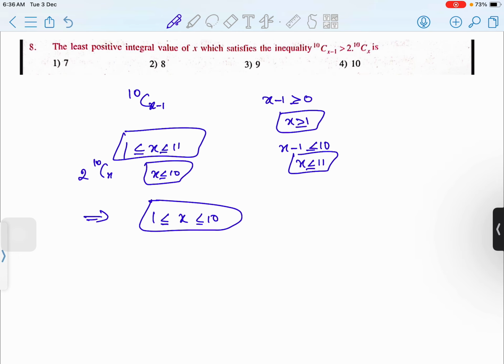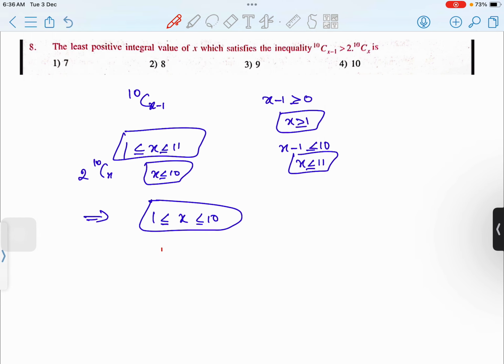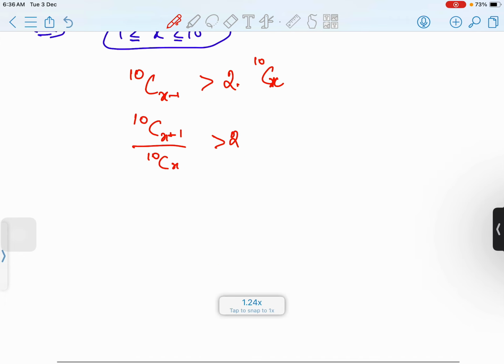Now we'll apply the formula. Given the question, 10C(x minus 1) greater than or equal to 2 times 10Cx means 10C(x minus 1) divided by 10Cx greater than or equal to 2.